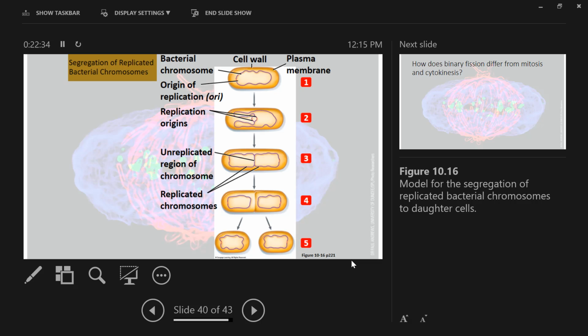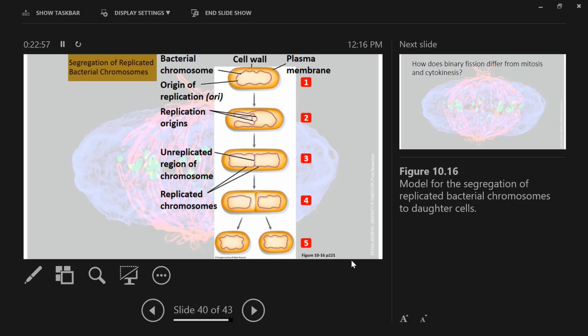Any other differences? Yeah, you don't have prometaphase, metaphase, anaphase, or telophase. Your chromosome isn't linear like it is in mitosis and eukaryotic cells. Instead, it's a single circular chromosome. Isn't it forming a peptide-like wall each way?